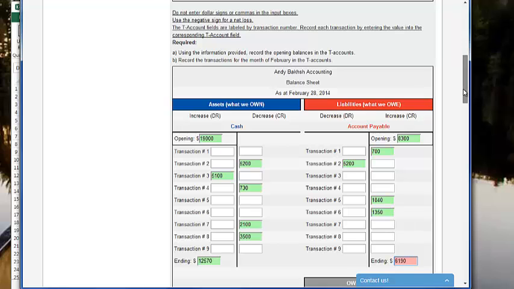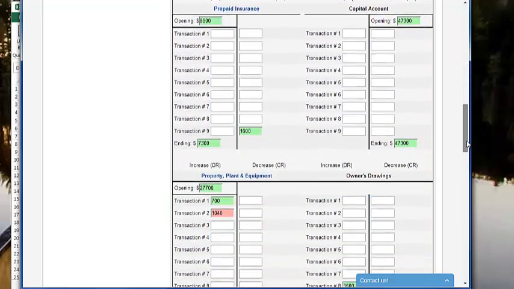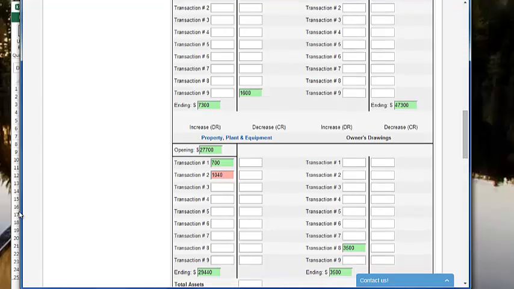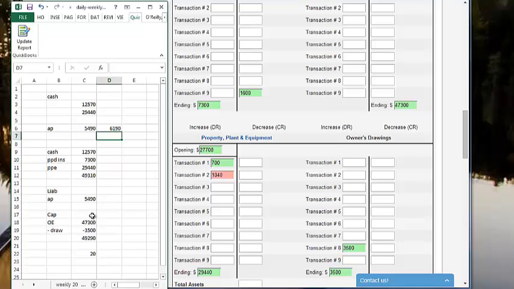Now, what else was wrong? My second transaction. I'm going to replace this up over here. Did you get what I'm doing here? This is total liability plus owner's equity. This is total assets.